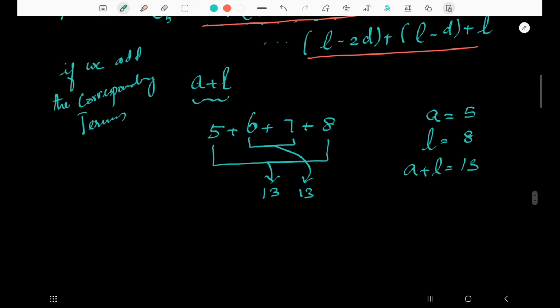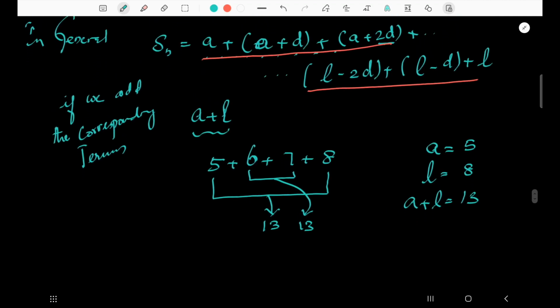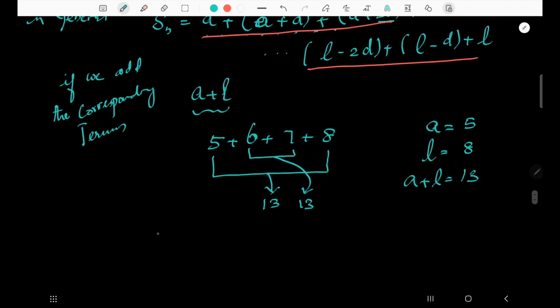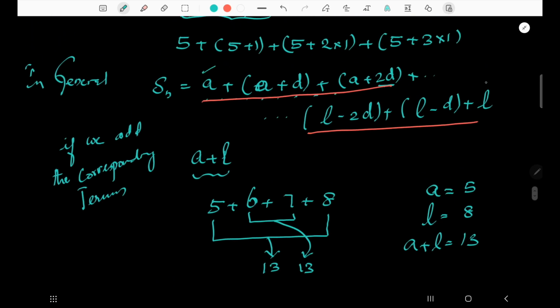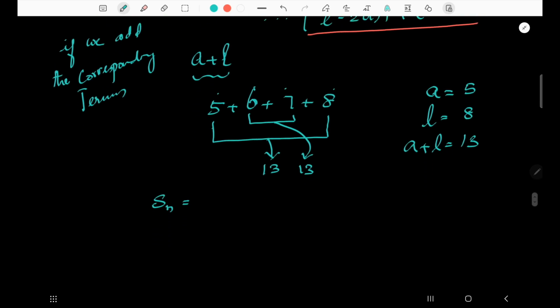Now, so we can say Sn equals the last term, this and this corresponding terms, and this corresponding. So how many terms will I be adding? There are a total of 4 terms, so how many corresponding terms do we have?